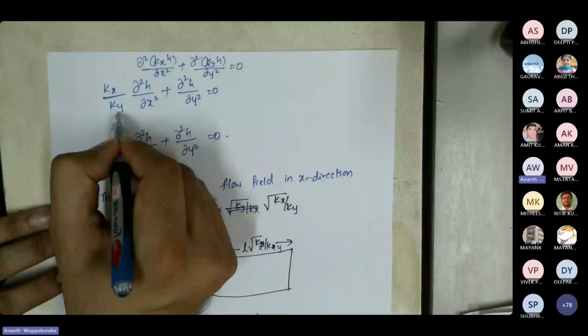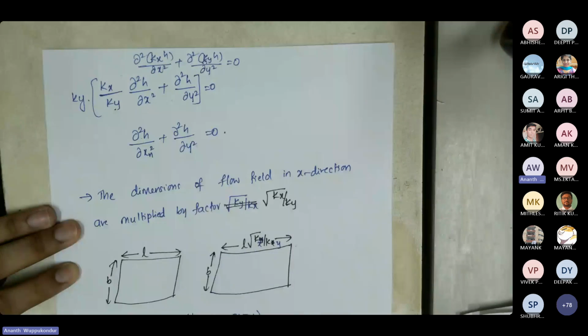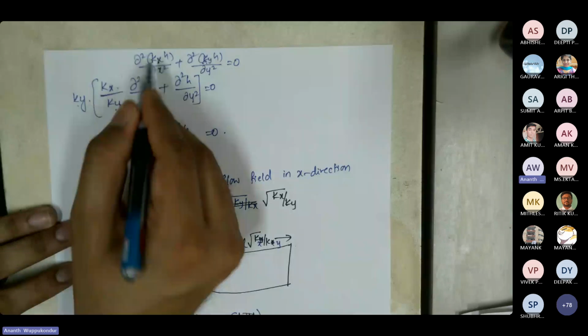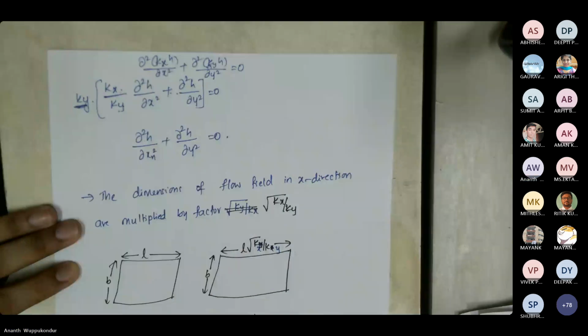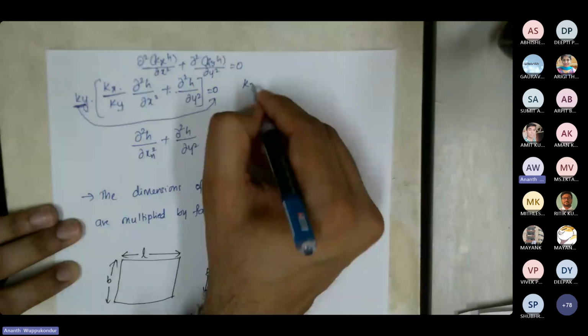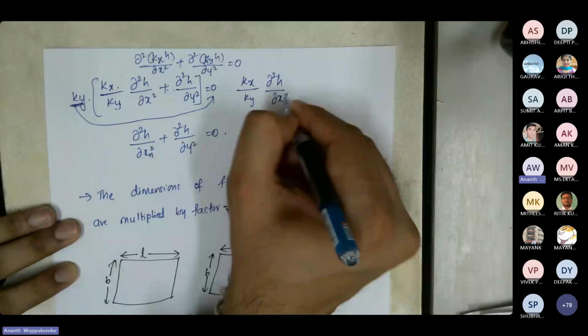If I multiply Ky with this factor, I get Kx, which is originally there, and here I would get Kx. The Ky which I have brought out, I'm going to send to the other side. So the Laplace equation would be Kx by Ky dou square h by dou x square plus dou square h by dou y square equals 0.